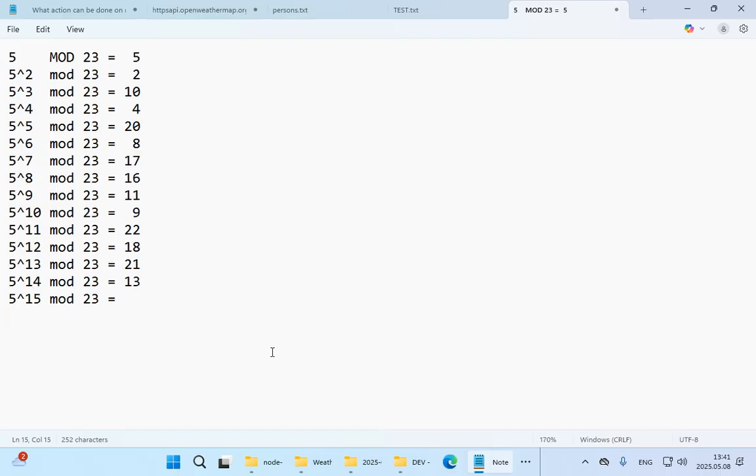Now 5 to the power of 15 mod 23. What's the result? Two? I don't think so.